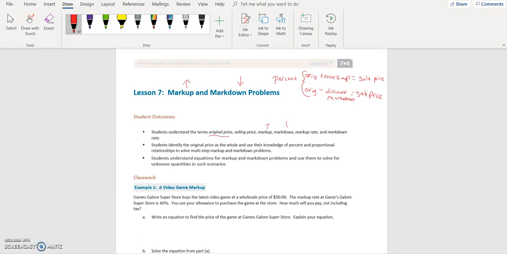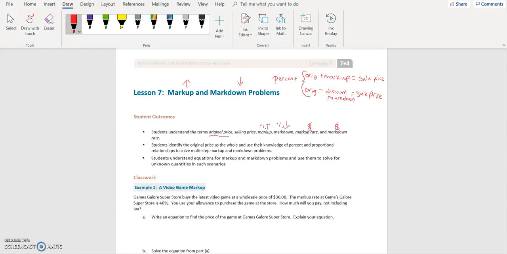If it's marked down, they're probably losing some money. Markup rate is how much it's being marked up, and markdown rate is again the actual amount. So these are more of our markups, and markdowns are our percents.